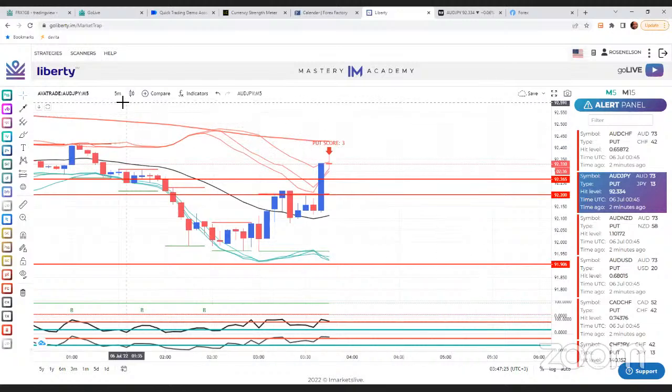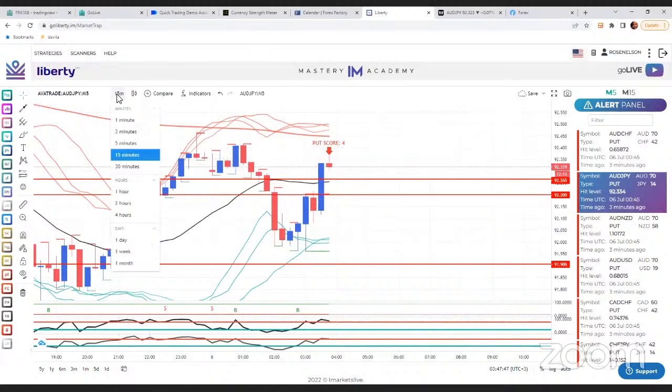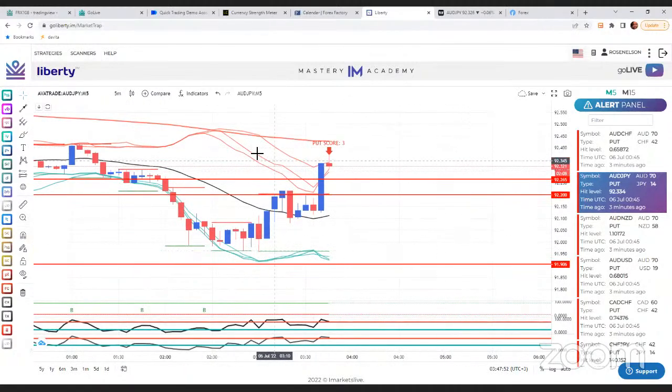Let's see what it's doing in 15-minute candle. It's trying to sell, trying to buy, still fighting also over here. Push bears, push bears.